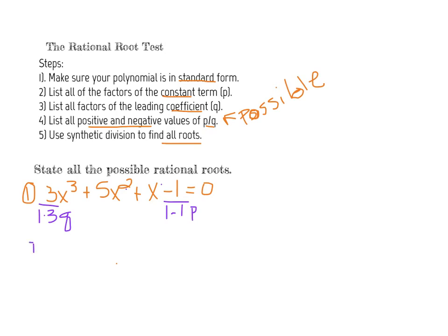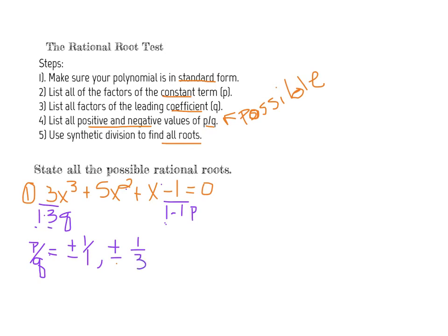So to list my factors of P over Q, the point is it could be a positive value or it could be a negative value. We don't know, so we have to use both. So we're doing P over Q. So positive 1 over a Q value of 1, or we have a P value of 1 over a Q value of 3.